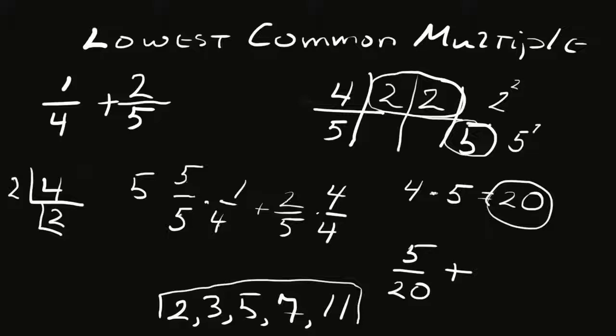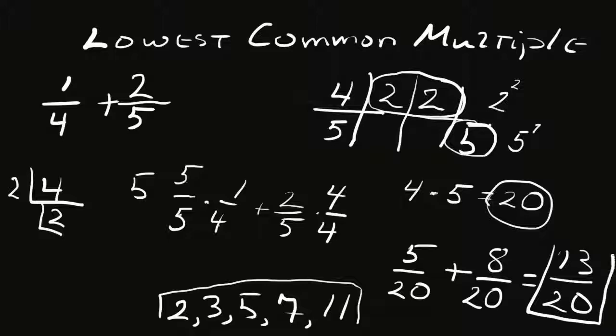Now, multiplying across, 2 times 4 will give us 8, and 5 times 4 will give us the 20 we were after. So now we've got 5/20 and 8/20. And when we combine these two, 5 plus 8 is 13, and this is 13/20, which is the answer we were after.